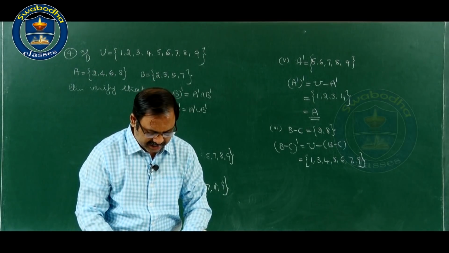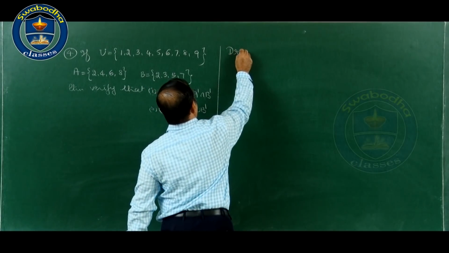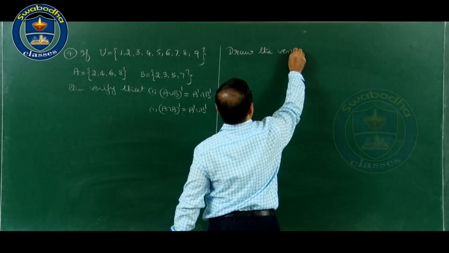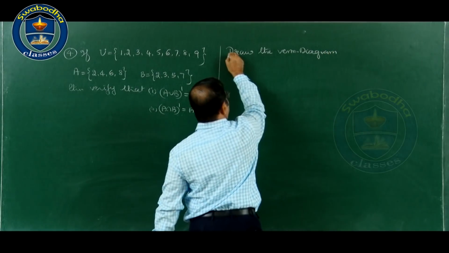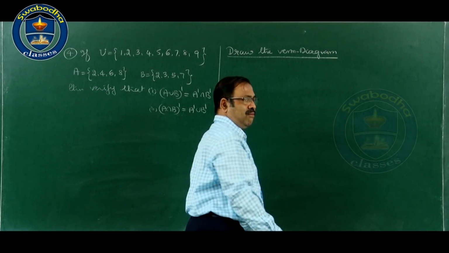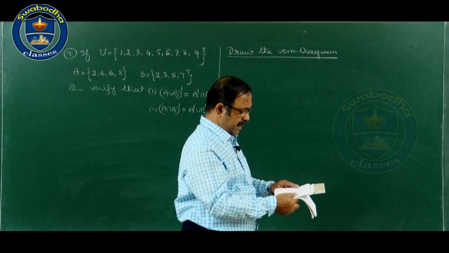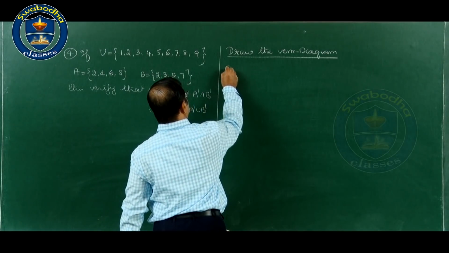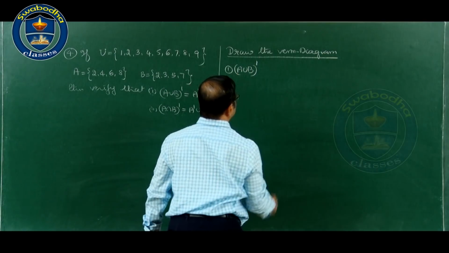So I am just leaving these results to you. Draw the Venn diagram. First, you have to draw the Venn diagram for A union B complement.